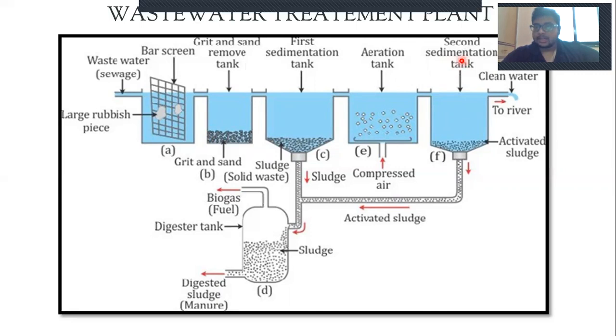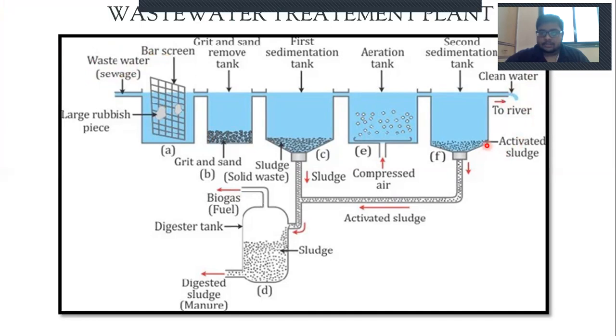Then there's the second sedimentation tank, where the residue is activated sludge, and the remaining water is the clean water that is discarded into the river stream. So the initial product, the sewage water, wastewater, is now converted to river water. It is not 100% pure, but its quality is much better.